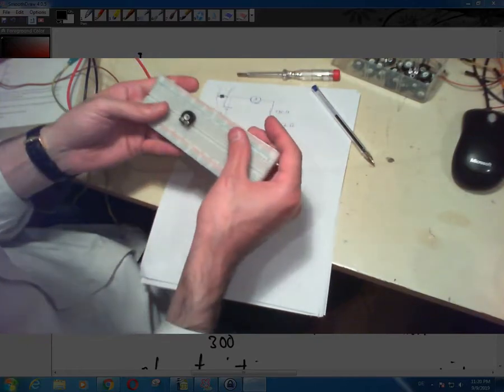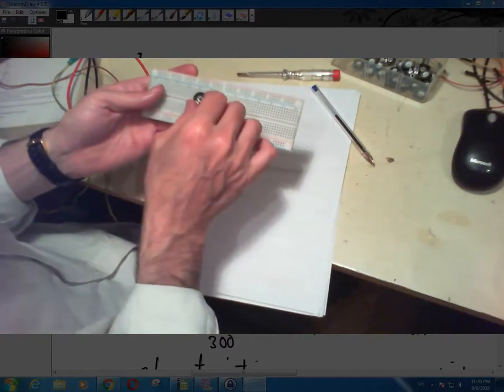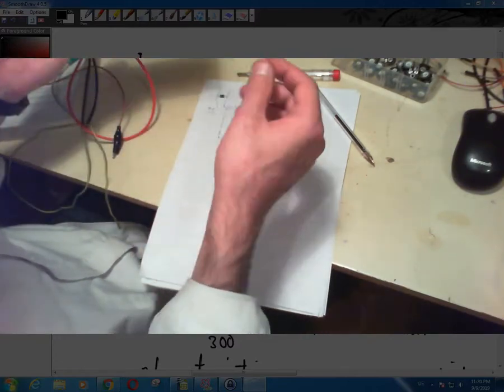Okay, so now this potentiometer has been connected to the breadboard.